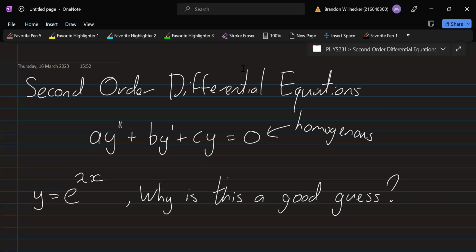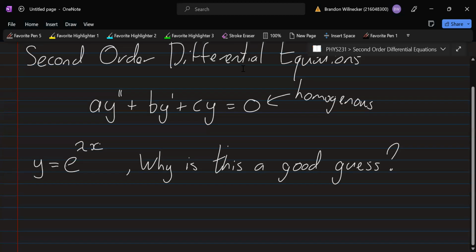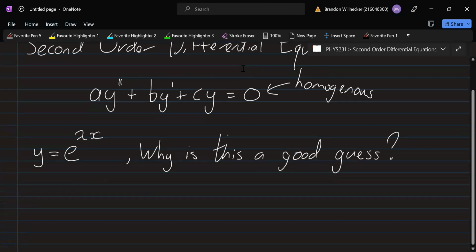You can think about why this would be a good starting point at finding solutions. With this idea in mind of y equals e to the lambda x, let's substitute this in and see if we can solve for this unknown lambda.